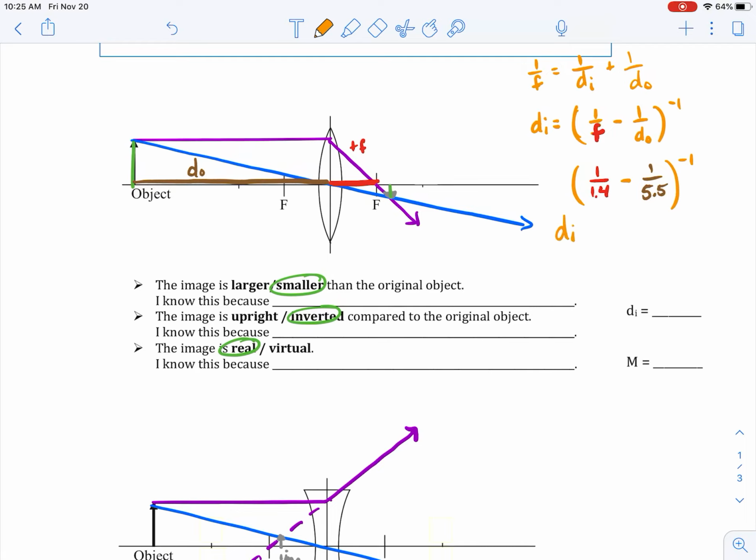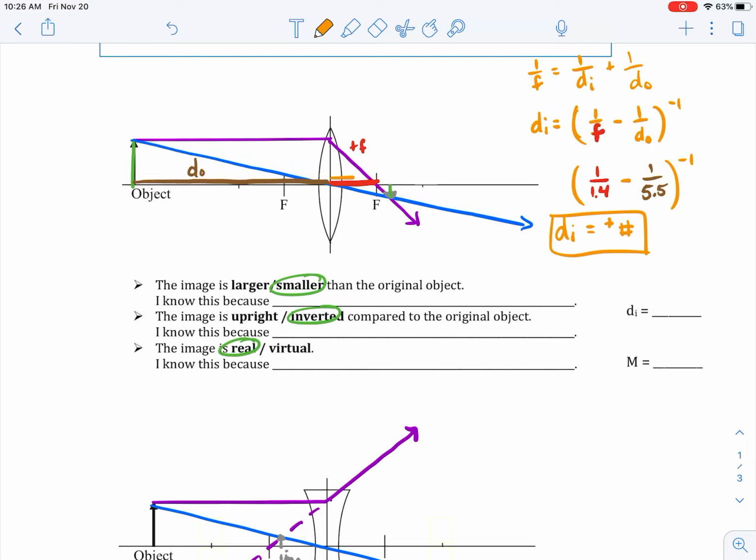And so I would then put this in my calculator, get that answer, and then invert it, okay? So when I perform this calculation, my DI is going to come out to be some sort of positive number. So whatever this number is, it's going to be some positive number.